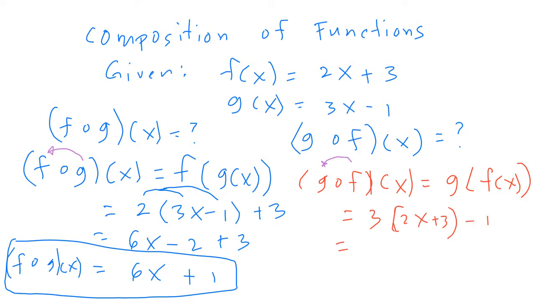And then simplifying, multiplying 3 times 2x is 6x. Multiplying 3 times 3 is plus 9, minus 1. Combining like terms, we will get 6x plus 8. So that would be our g composition of f of x.